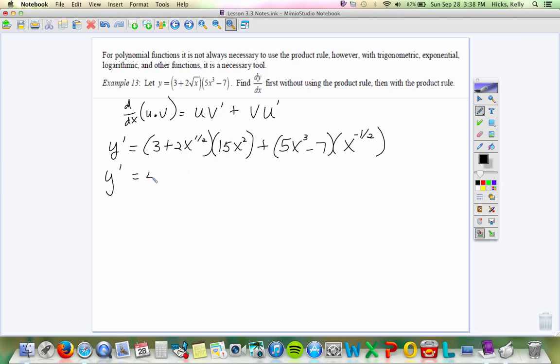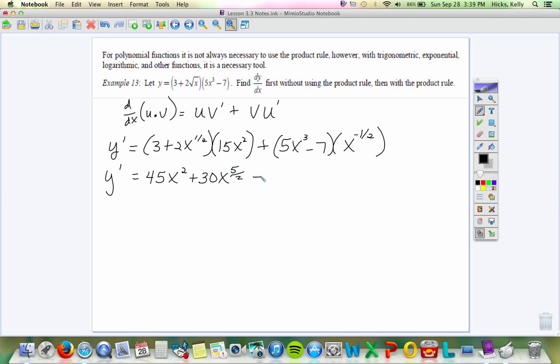So if we distribute here, we get 15 times 3 is 45x squared, plus 15 times 2 is 30, x to the, now again, we're adding exponents, so we have x to the 1/2 times x squared. That is the same thing as 1/2 plus 4/2, is that right?